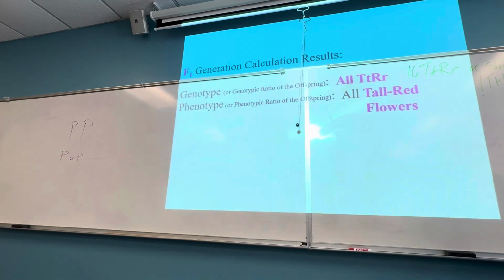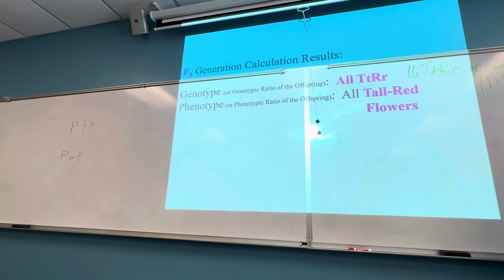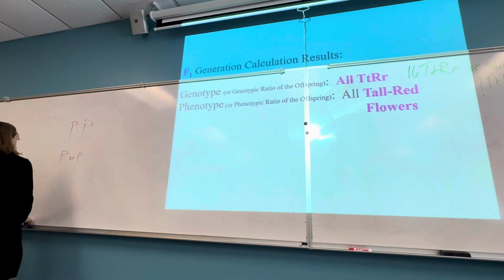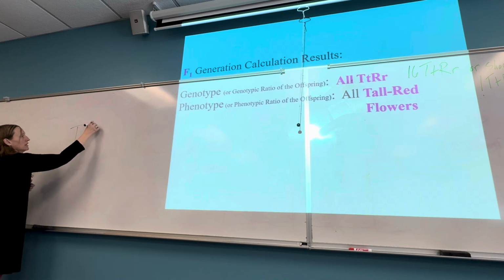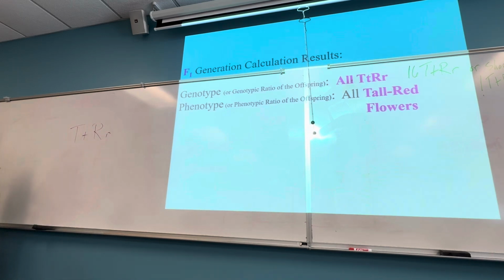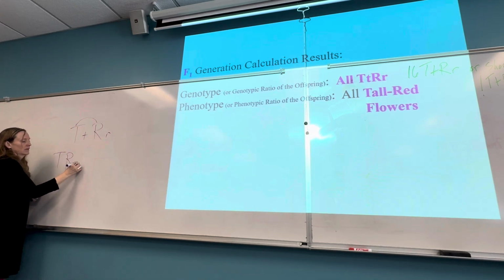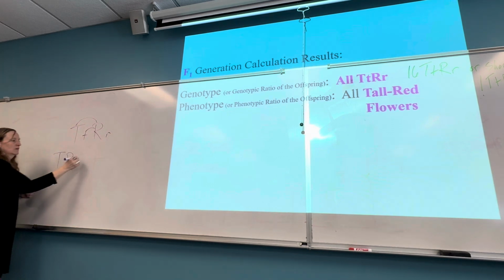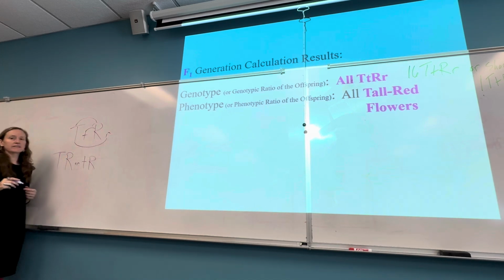Now we're going to do a crossbreeding thing, and we're going to have 2 of these mate. So we have to FOIL to get our gametes. Okay, first letters first: big T, big R. Inner: little t, big R. Outer: big T, little r.